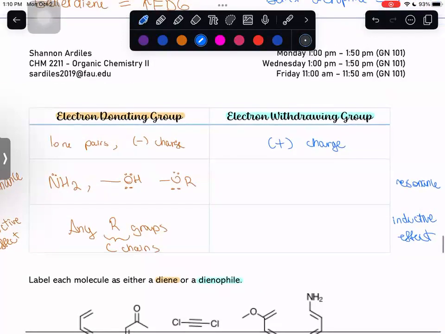Okay, now some examples for withdrawal. Any carbon chains. So a simple methyl group, ethyl group, those guys are gonna be considered donating groups, but they're actually gonna be weaker than some of the contributors by resonance. So keep that in mind. I'm gonna explain you just memorizing this part, which I know it sucks, but it's gonna help you guys for chapter 15 actually.